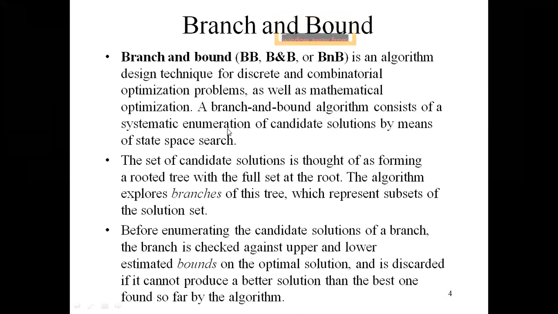So we are using a tree, that is a state space tree. In that we can consider each node, so each node is a part of the solution. So we are giving the enumeration of candidate solutions by means of a state space search.